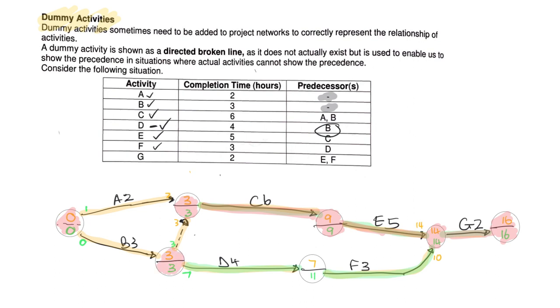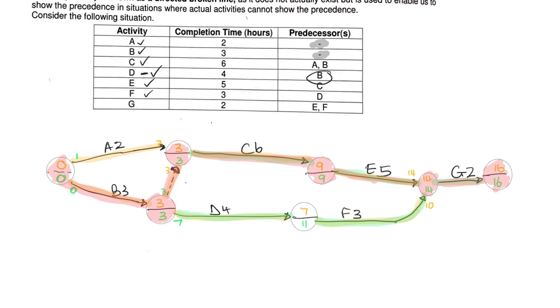Because look, I've got this one here as well. So that is showing you with the dummy activity that B is on the critical path, not A. So in this one, my critical path is going to be B, C, E, and G. A is not on the critical path.